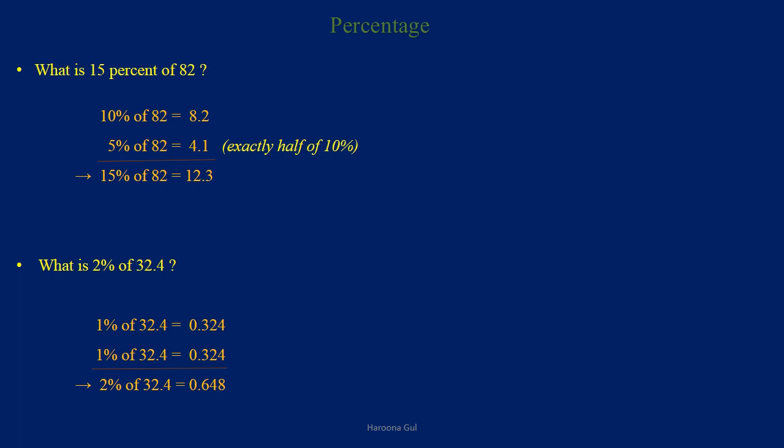Similarly, if we get a question that says what is 2% of any number, we're simply going to find 1% of the number, and add it up with 1% of the same number, and we'll get the answer, right?